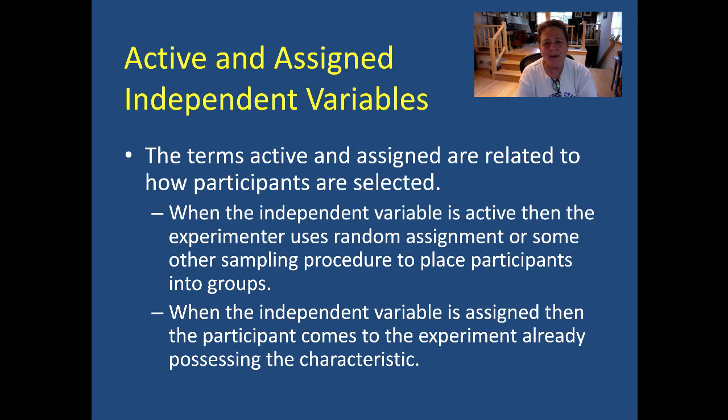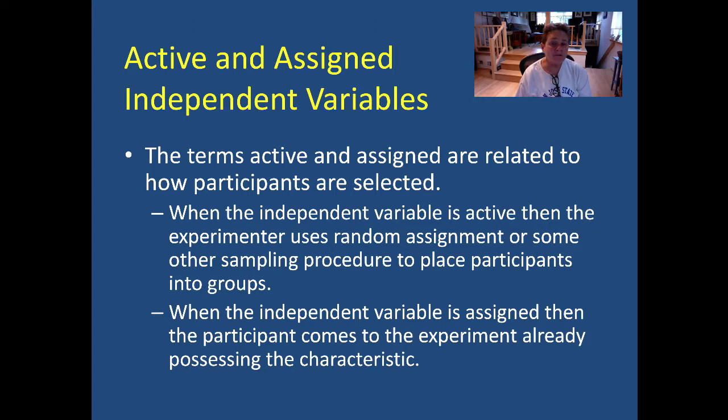It would not be possible for me to assign subjects to these groups for a real experimental design. Rather, what I want you to see is that when a subject comes to the experiment already possessing the characteristic, in other words, I don't have the opportunity to actively give a group to the subject. Rather, the subject comes with the group assignment already. That's called an assigned independent variable.